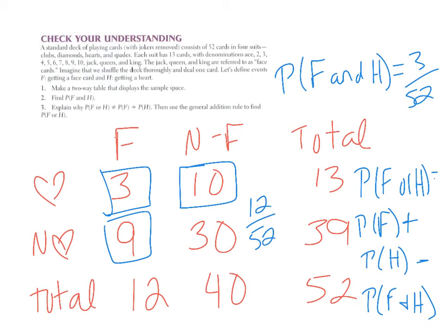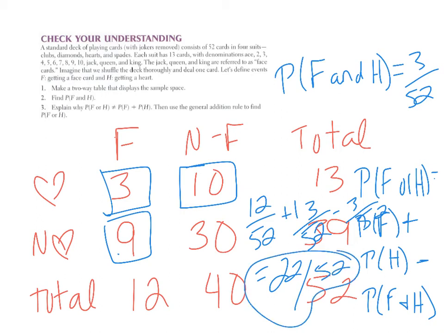My probability that they're a heart would be 13 out of 52, and my probability that they're both would be 3. So I'd have minus 3 out of 52, which gives me 22 out of 52 for my final probability of F or H.